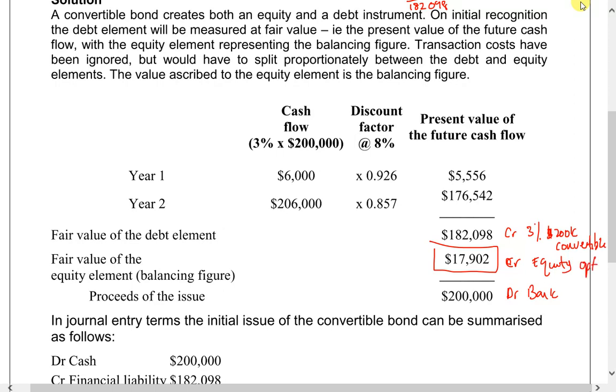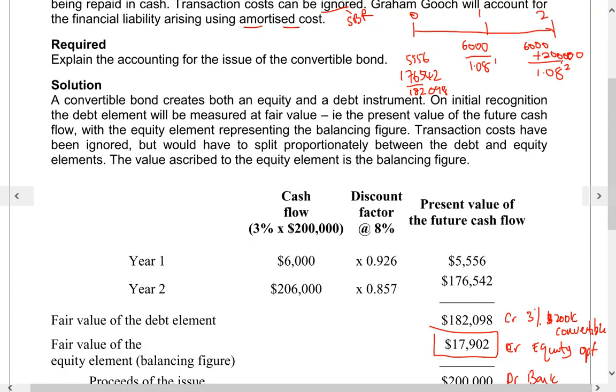If issued, it means equity share. So I have equity and I have liability. Equity is 17,902 and liability is 182,098. What do I do with equity? No remeasurement. And for the 182, the question says we have to amortize.